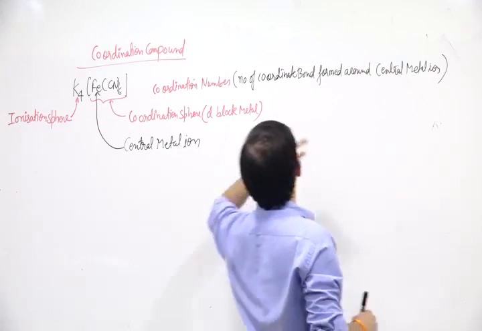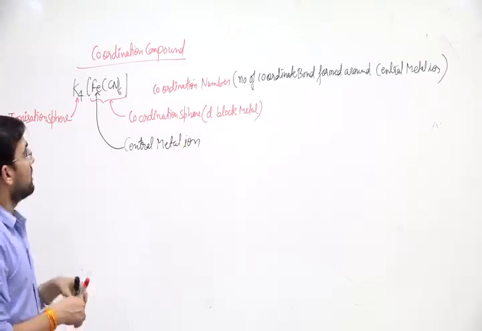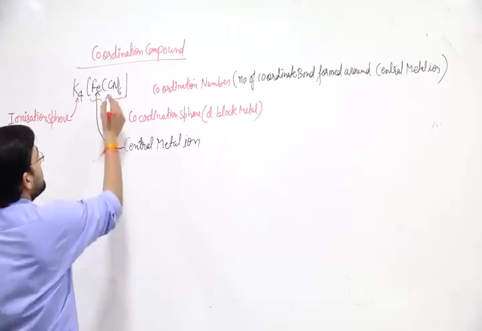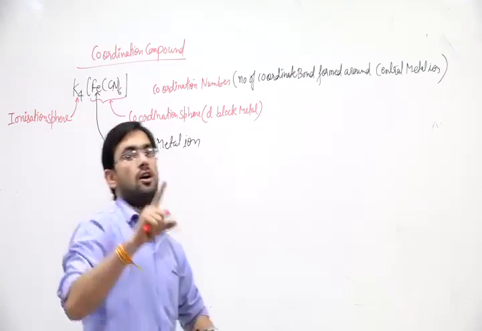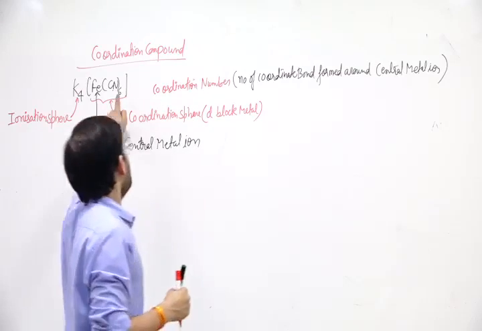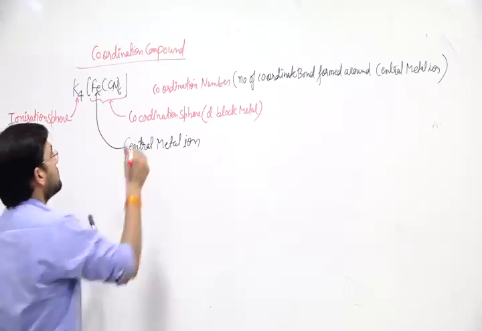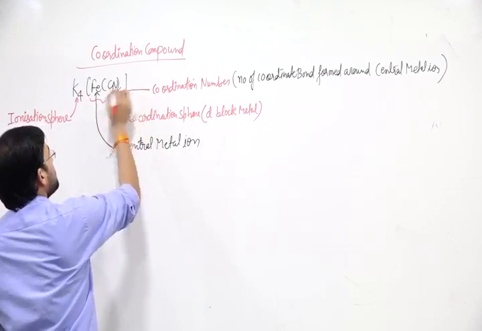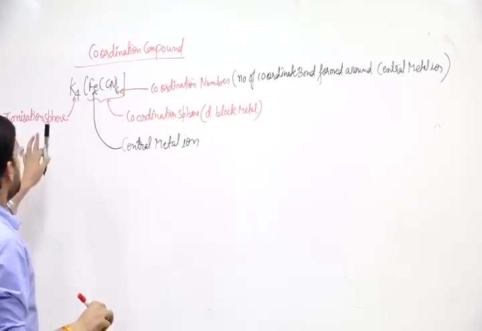In this case, each CN forms a single coordinate bond, and there are 6, so 6 is your coordination number. So how many things have I got? 1, 2, 3, 4.